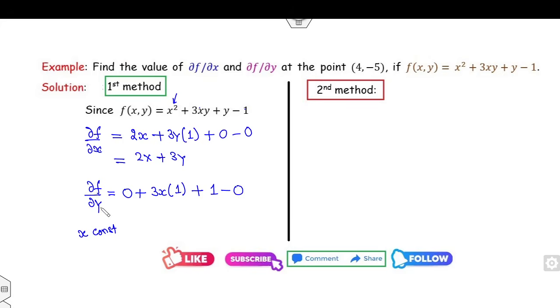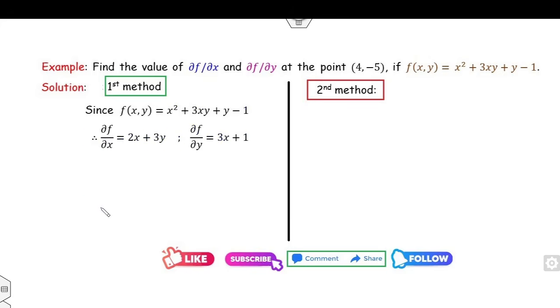So the partial derivative with respect to y is 3x plus 1. Now your target is to find the values at the point (4, -5). Therefore the partial derivative with respect to x is 8 minus 15, which is minus 7, and the partial derivative with respect to y is 12 plus 1, that is 13.